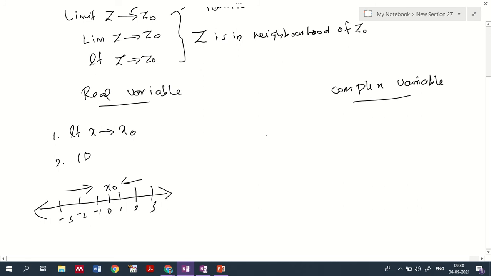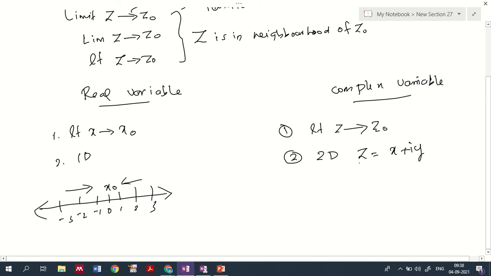Similarly, in the complex variable case, where I said limit z tends to z0, it is not a one-dimensional representation, it is a two-dimensional representation, because we know z is x plus iy, so it involves two coordinates, x and y.